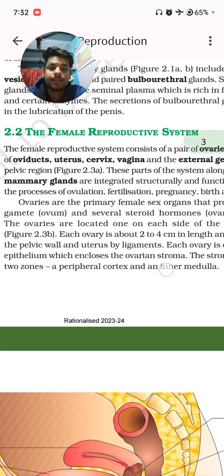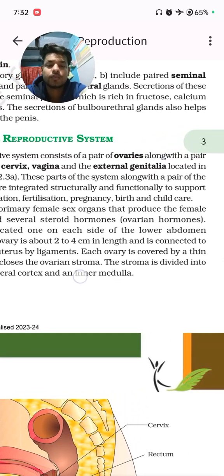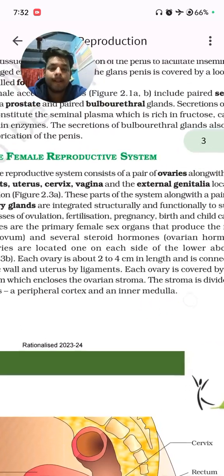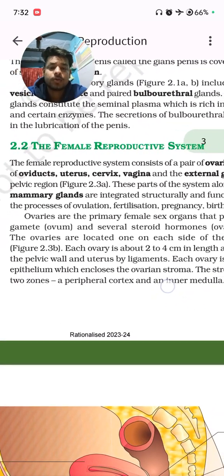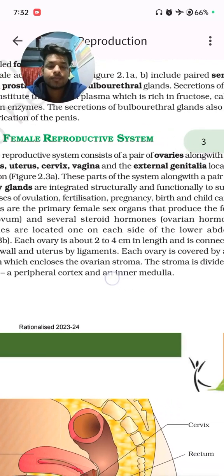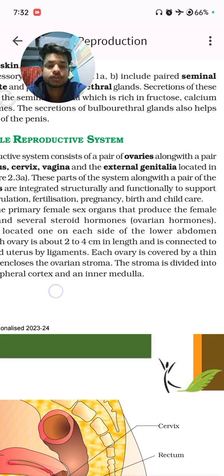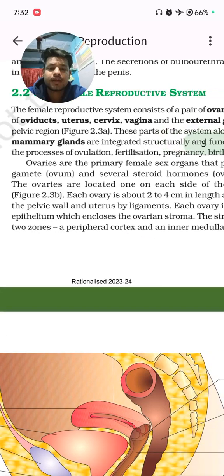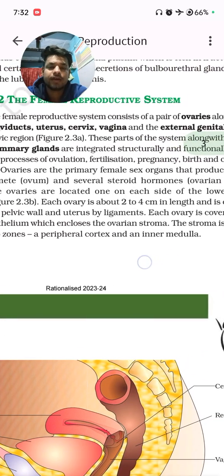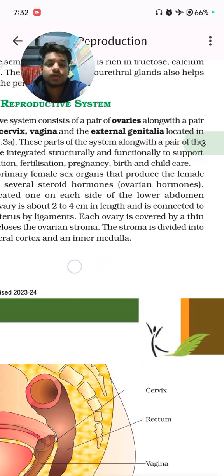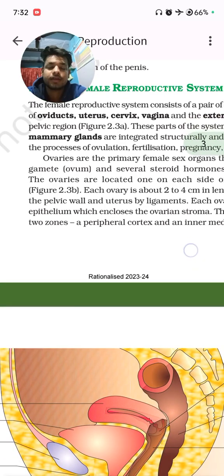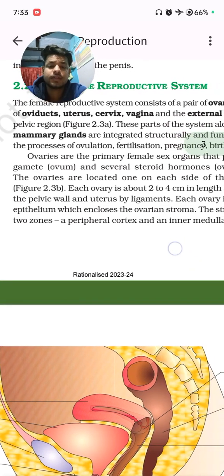Ovaries are the primary female sex organs that produce the female gamete, ovum, and several steroid hormones or ovarian hormones. The ovaries are located one on each side of the lower abdomen, Figure 2.3b.